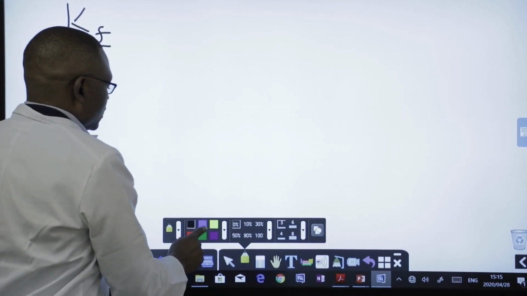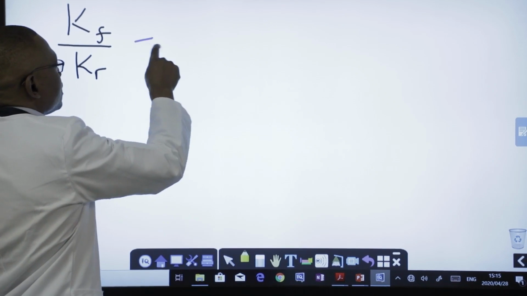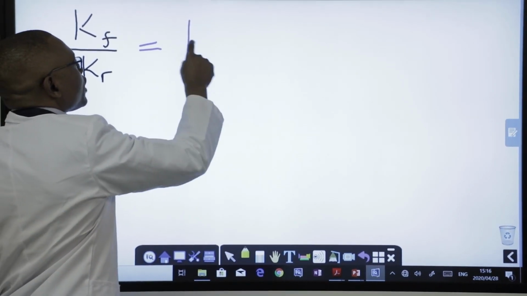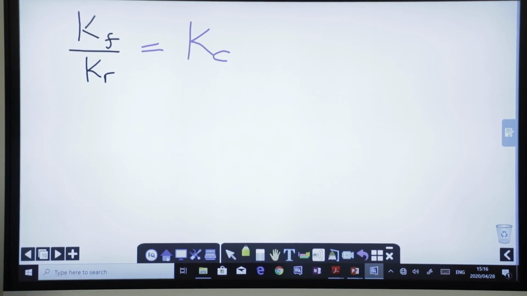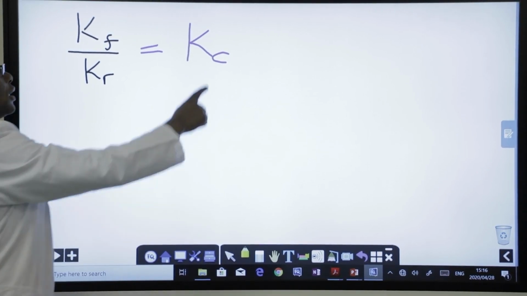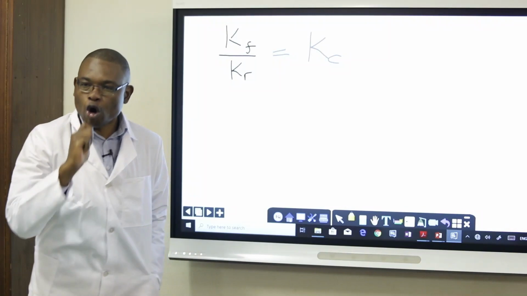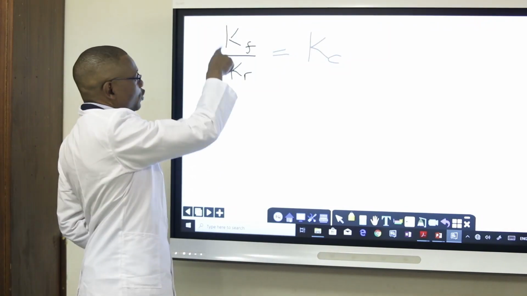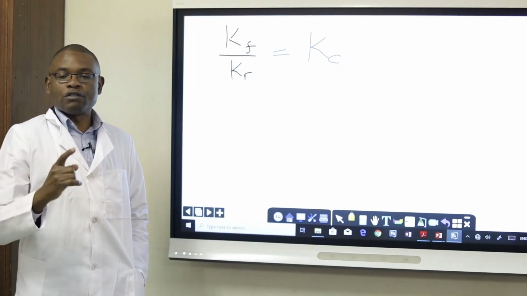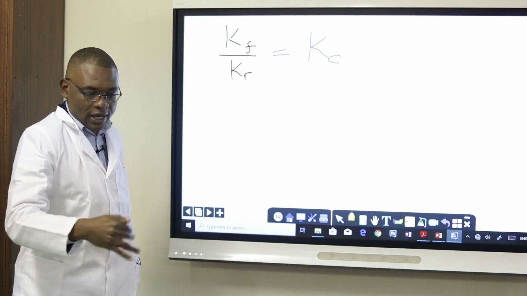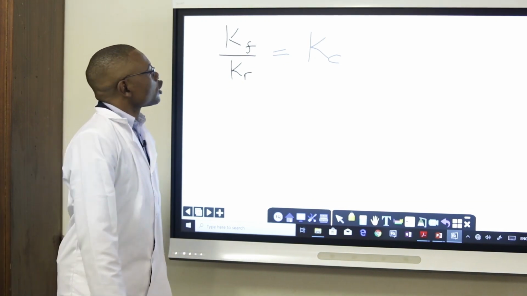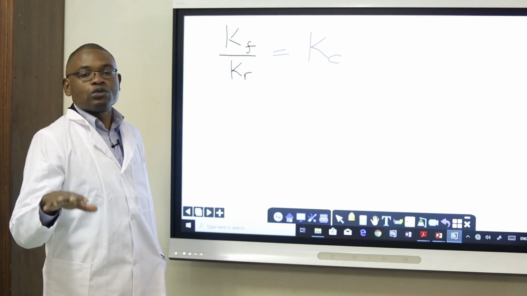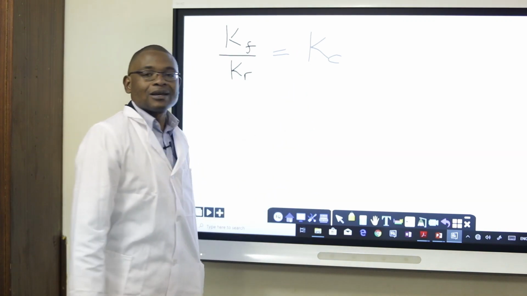So since it is constant, we can combine these two constants into Kc, c meaning that it's a constant. This ratio is not going to change. It will give you the same value at any point of the reaction. Okay. So from now onwards, I want you to understand where Kc comes from.